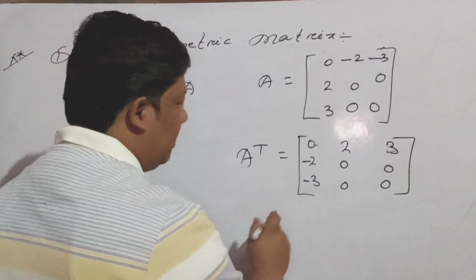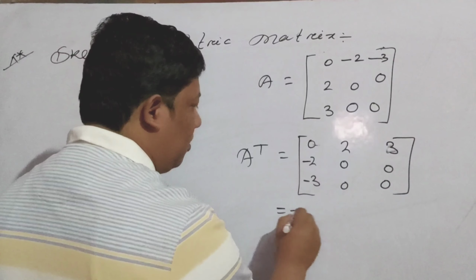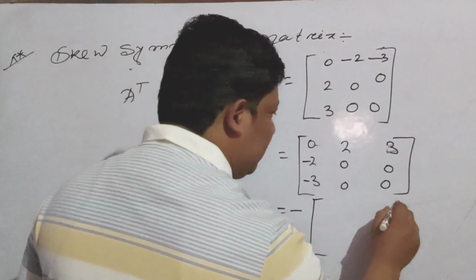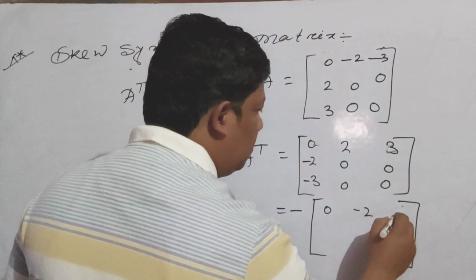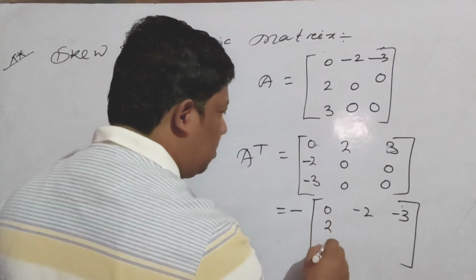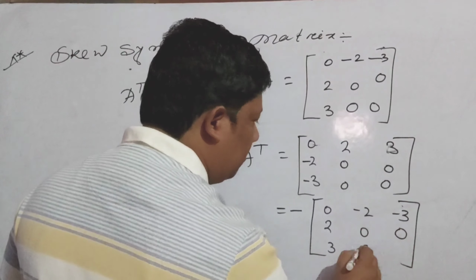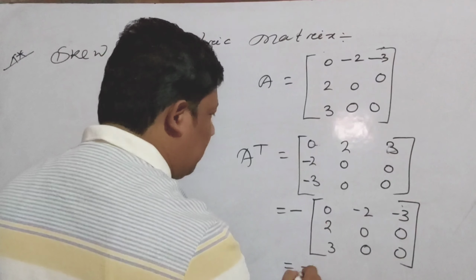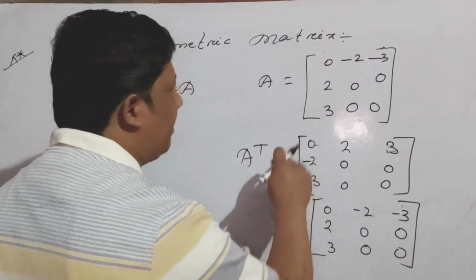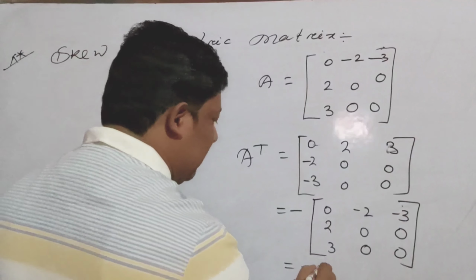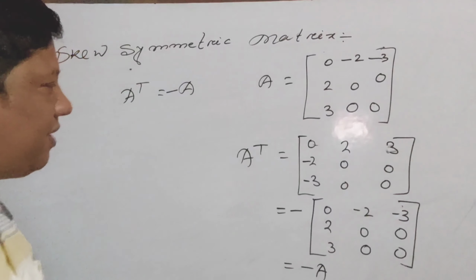Now my dear students, if I take the minus common from this matrix, then I will get 0, minus 2, minus 3 and 2, 3 and all elements are 0. So this is equal to this matrix.